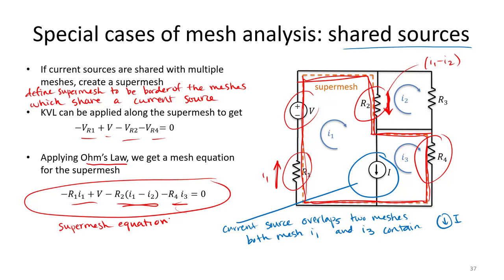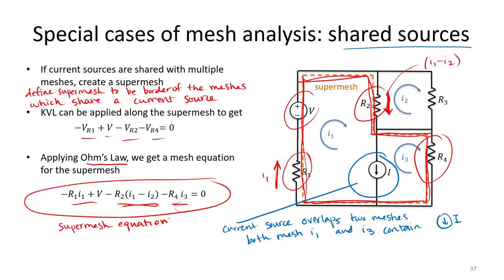So supermeshes might sound a little scary, but please practice them and give them a try, and you'll see that actually it can make solving homework problems quite a bit easier. If you recognize that you have a supermesh in your problem, you can actually simplify things quite a bit.